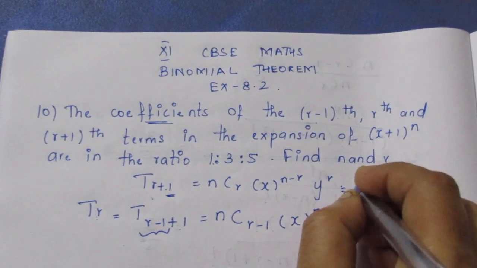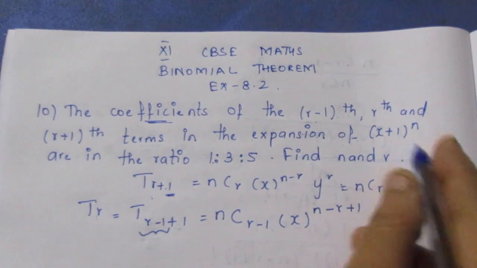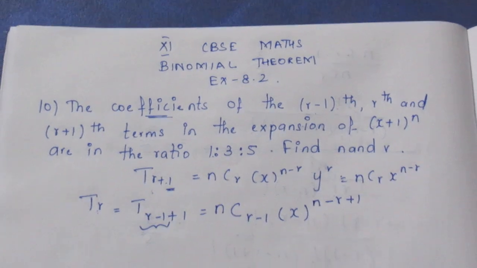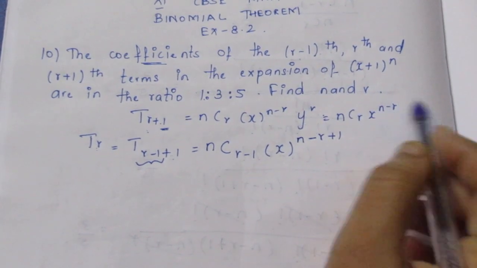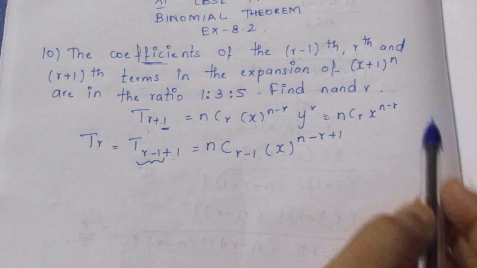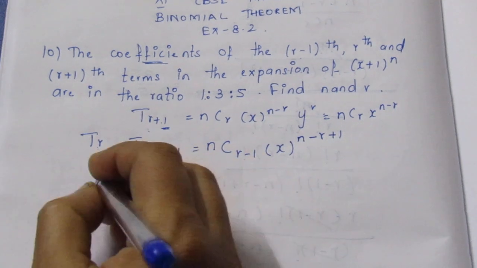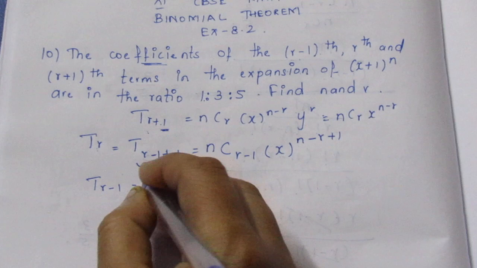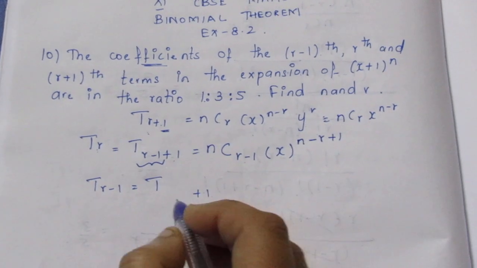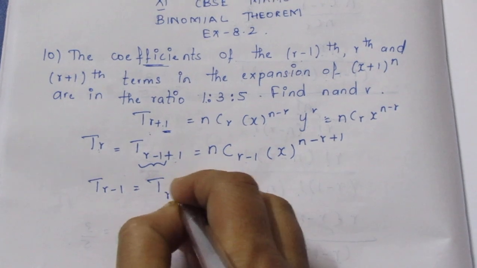Even this can be written as nCr x^(n-r) because y is 1, and 1 power any number will be 1. 1 multiplied with a number will give you the same number, so it's not necessary to write 1 power. So you can leave this. Now we have written for T_r, let us write for T_(r-1). As you know, this will be plus 1, so what can be written to become r minus 1 is T_(r-2).